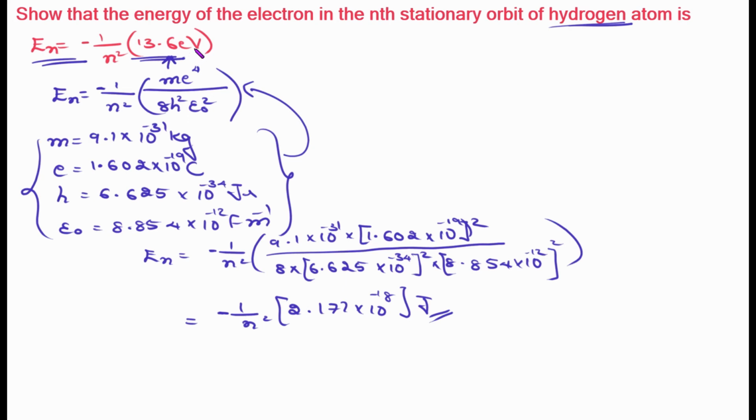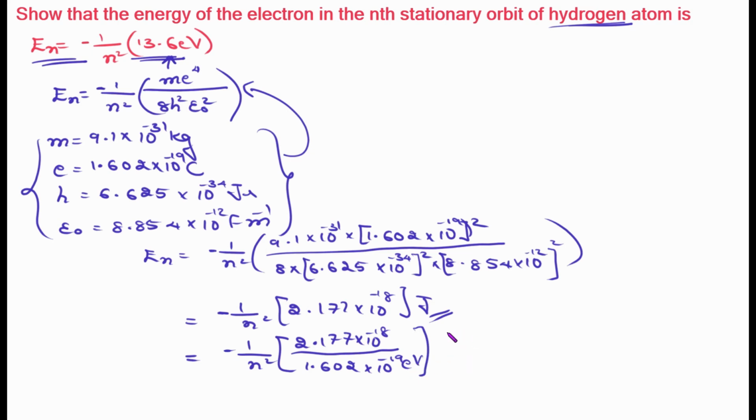But here we have the formula in terms of electron volt. To convert something to electron volts, we have to divide it by the e value. So 2.177 into 10 to the power of minus 18 divided by 1.602 into 10 to the power of minus 19 gives the final answer in electron volts.